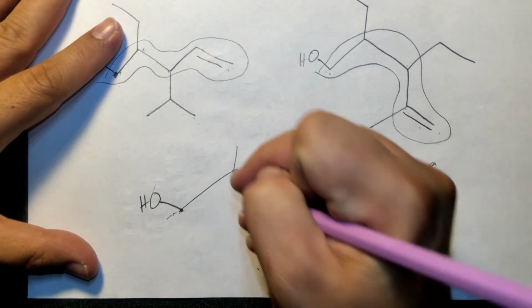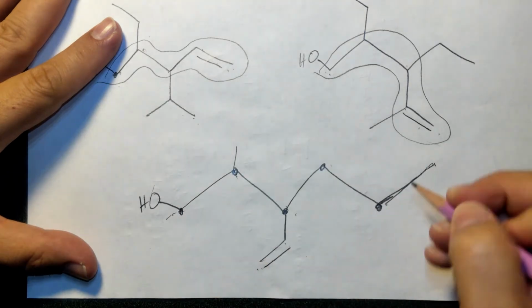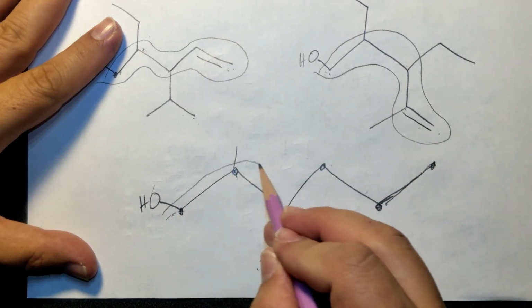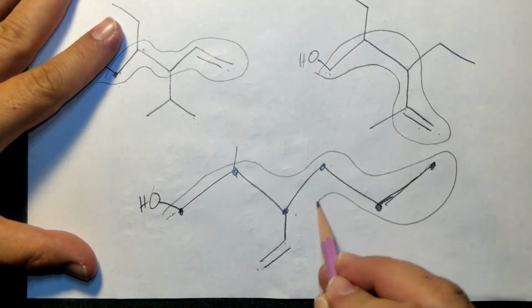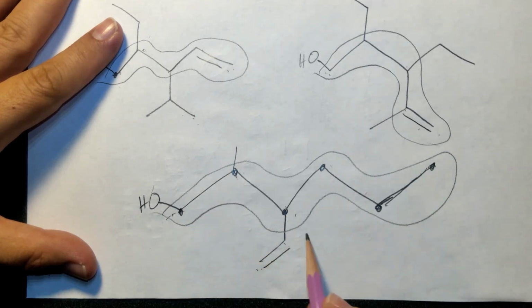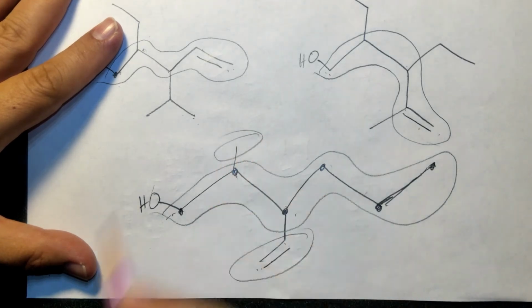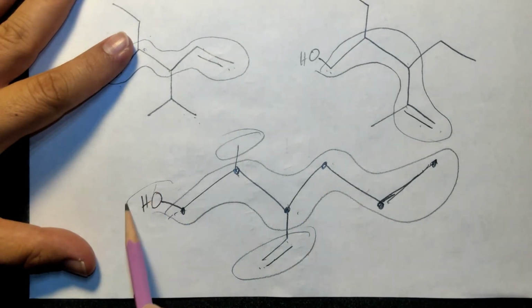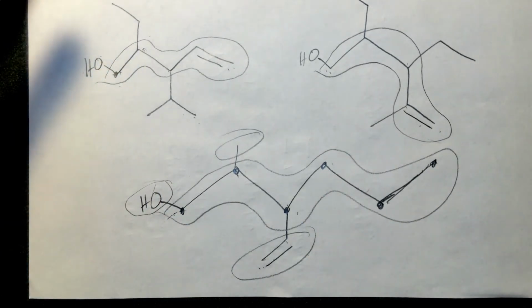And so 6 carbons is longer than 5 carbons, so that is going to be the parent chain. And then this will be named as a substituent, and this will be named as a substituent. This will be named as the highest priority functional group.